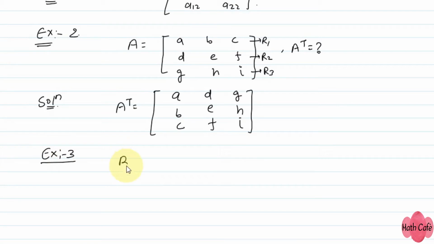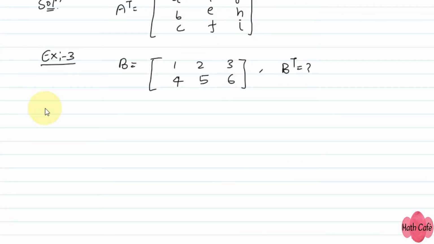Let's take another example, example number 3. If any matrix B is written in the form 1, 2, 3, 4, 5, 6, and we need to obtain B transpose. Let's proceed with the solution. B transpose will be obtained by interchanging all the rows and columns.